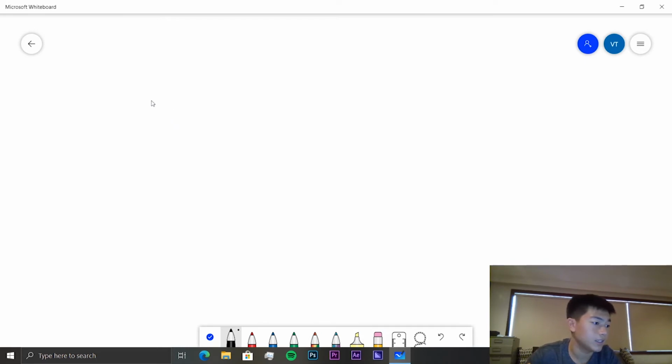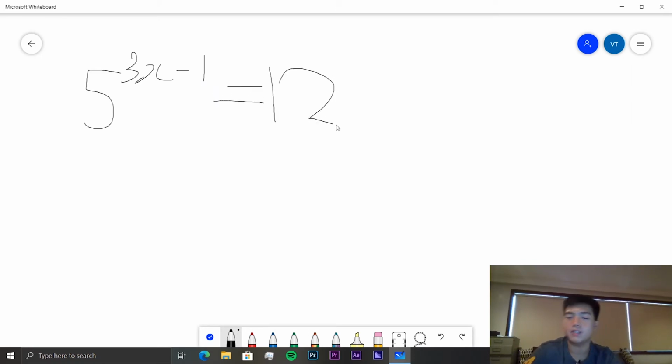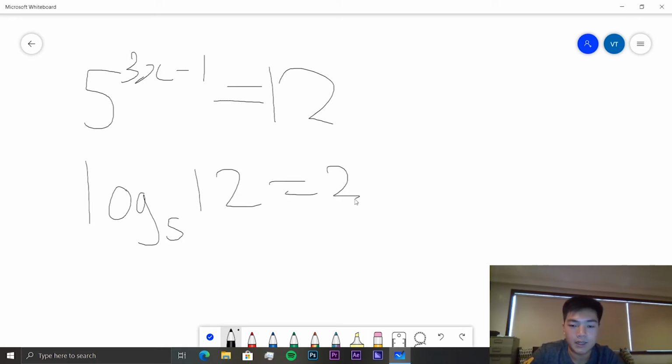Next, use technology to solve the following equations. 5 to the 3x minus 1 is equal to 12. So yes, you could use a graphical calculator, and you know, I guess you could do that. But if you don't have a graphical calculator, what you can do is you can say log 5 to the 12 is equal to 3x minus 1.